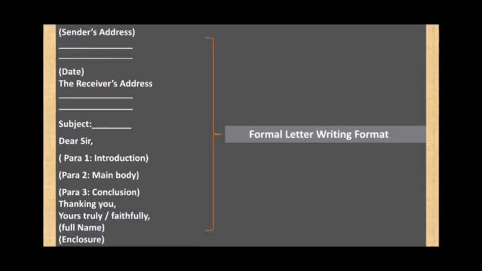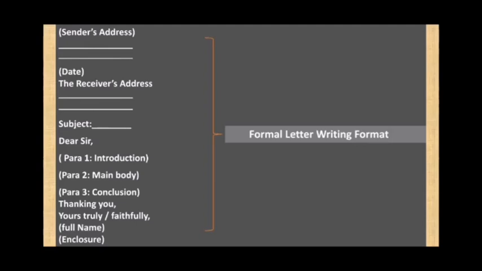And then we have the 3 paragraphs. First para, that is the introduction. After the first paragraph you need to leave a line. Then the second paragraph, that is the main body. And then again leave a line. Then is the third paragraph, that is the conclusion.